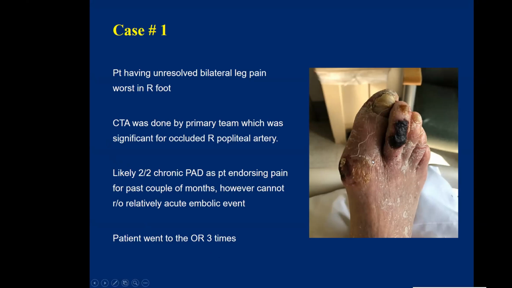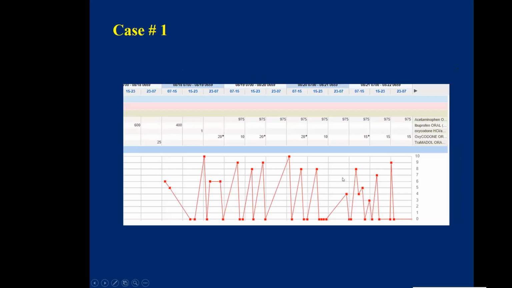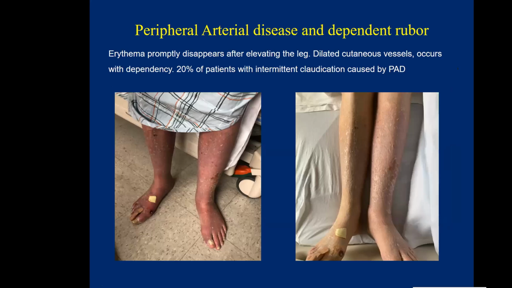So he actually had gangrene due to peripheral arterial disease, and so he really didn't have cellulitis. So he really had really bad peripheral arterial disease that is not acute. This is not a cold limb. It's not an embolus that goes to the leg and causes acute limb ischemia.